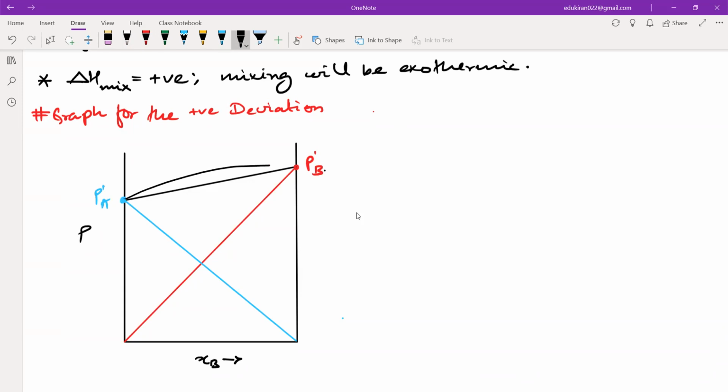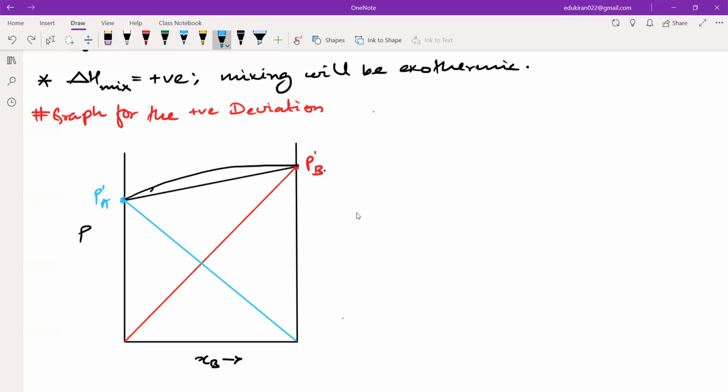Okay. Now, this is the line for the positive deviation. Why? Because you can see this is the ideal line and the pressure is higher than the ideal situation, right? The pressure is higher. This higher pressure indicates that it is the plot for positive deviation. Okay, so please write this down.